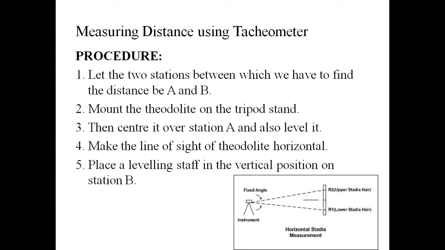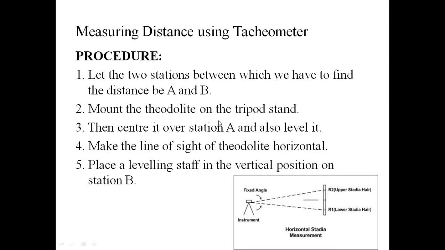At a certain distance D, we hold the staff vertically and measure the upper hair reading and the lower hair reading on the staff. From these readings, we find the staff intercept, and from this staff intercept, we can find the distance, which is the horizontal distance of any particular staff from the instrument.